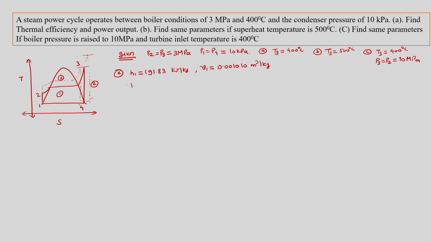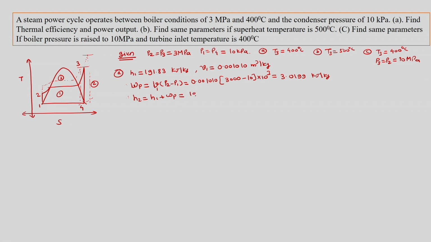So we have Wp is equal to nu into P2 minus P1, so it is 0.001010 into P2, which is 3000 kilopascal, minus 10 kilopascal. So pump work will be 3.0199 kilojoule per kg.